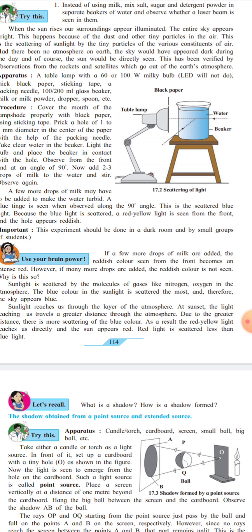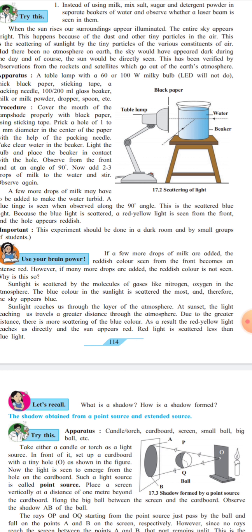Now, sunlight is scattered by the molecules of gases like nitrogen and oxygen in the atmosphere, and the blue color in the sunlight is scattered the most, and therefore the sky appears to be blue. Now, sunlight reaches us through the layer of atmosphere.